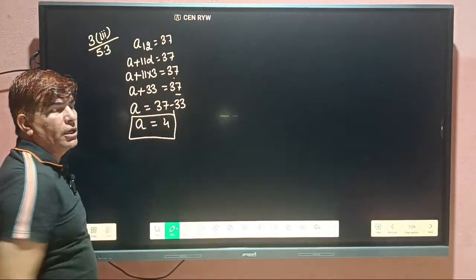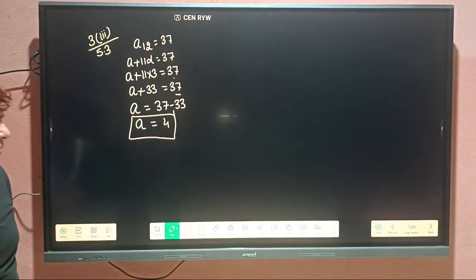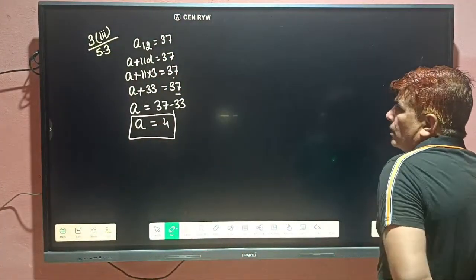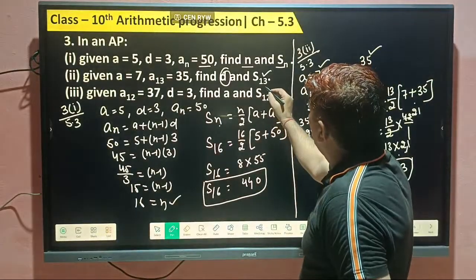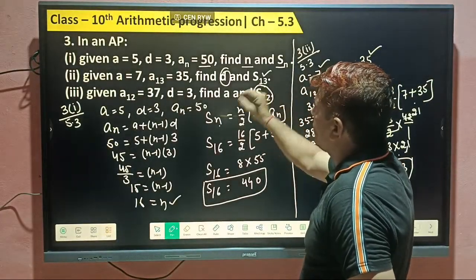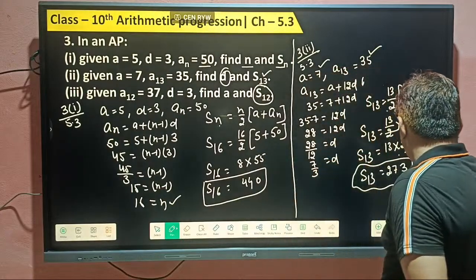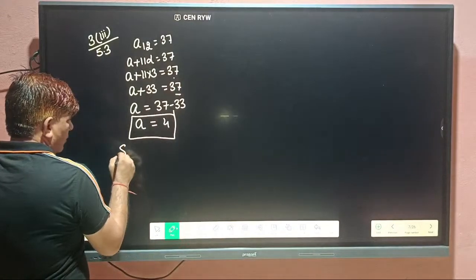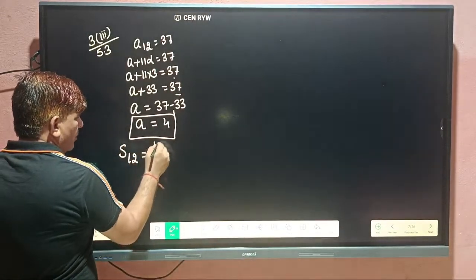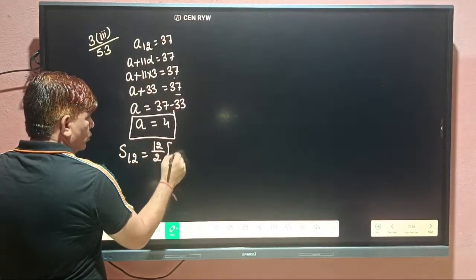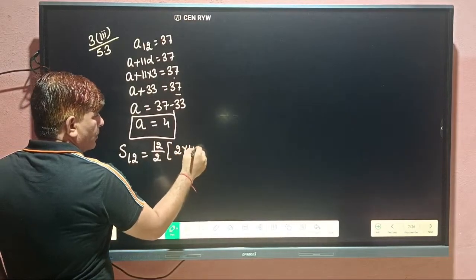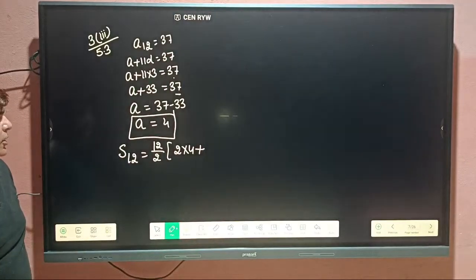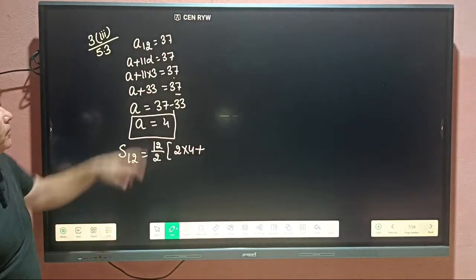The question also says to find the value of A. And then one more part, what does it say? You have to find out S12. So S12 equal to 12 by 2 into 2A, that is 4, plus, S12 given, A12 given.